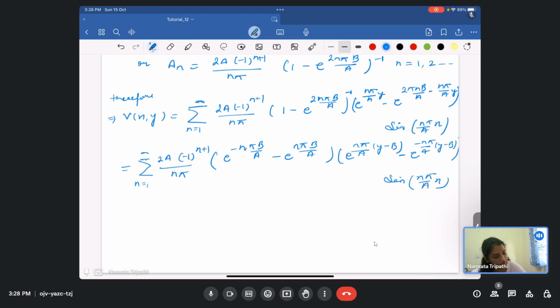I'm just rewriting this bracket term inverse 1 minus e to the power 2 n pi b by a. If we take it in the denominator and after multiplying with another bracket, you will get this expression.